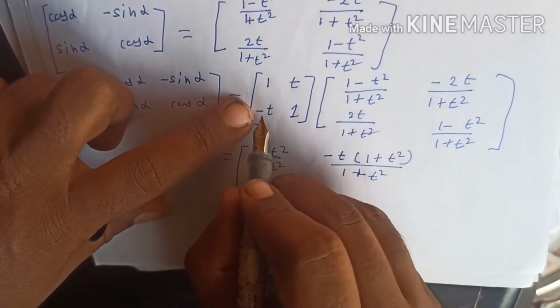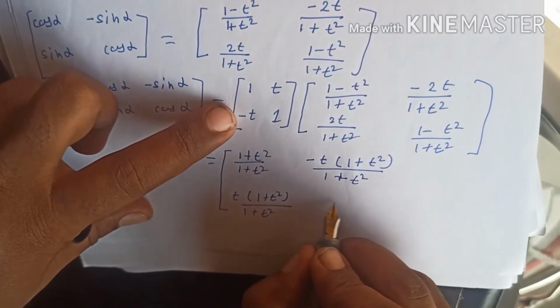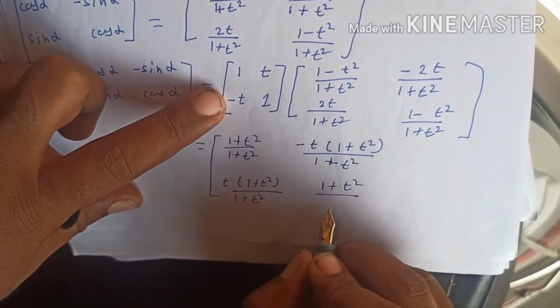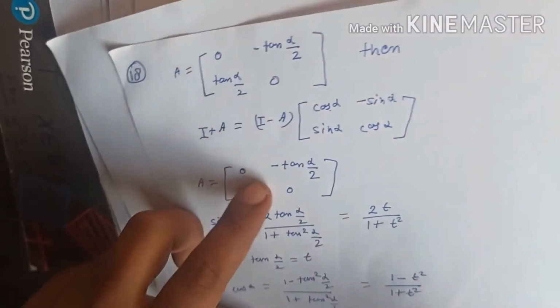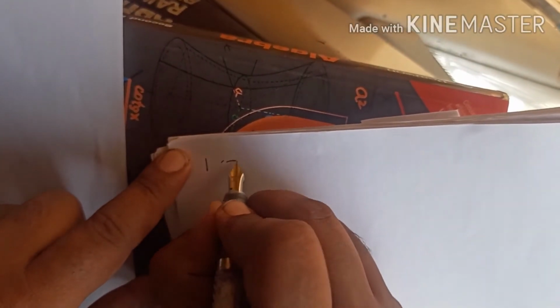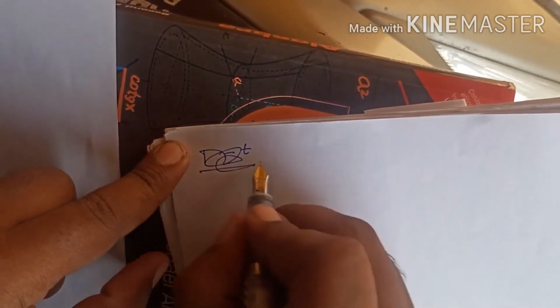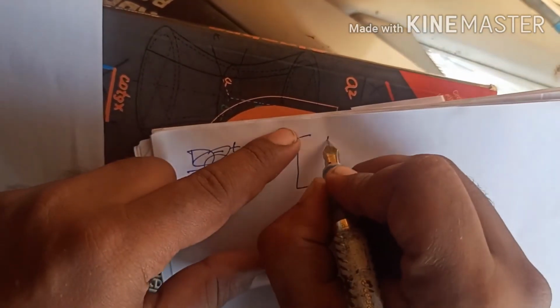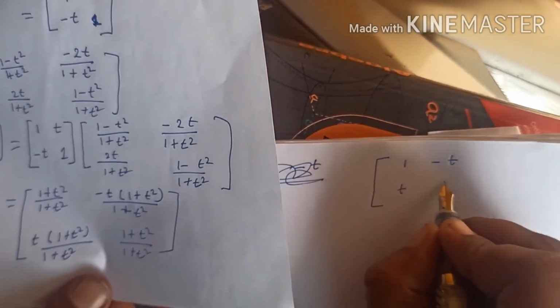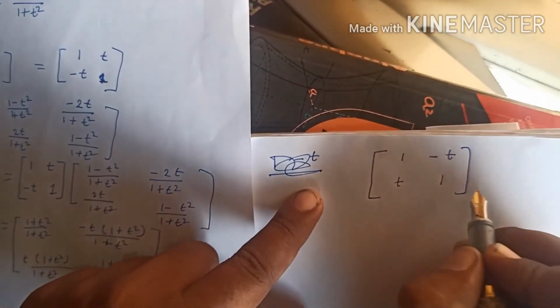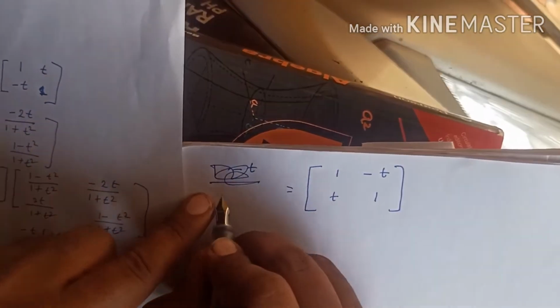And for the last element, this row into this column, it becomes 1 plus t square over 1 plus t square. So what's the final answer? It becomes [1, negative t; t, 1]. So this is the LHS.